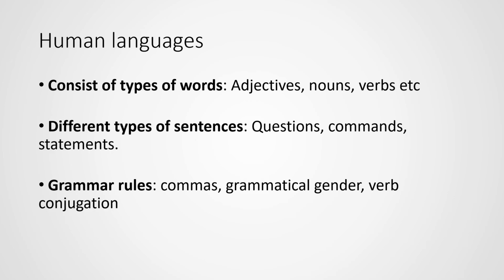One of the key things about human languages is that they're very, very context dependent. So lots of things depend on context. You don't necessarily need to specify lots of information because you can understand through context. One of the best examples of this is the Japanese language, because Japanese is extremely context sensitive.